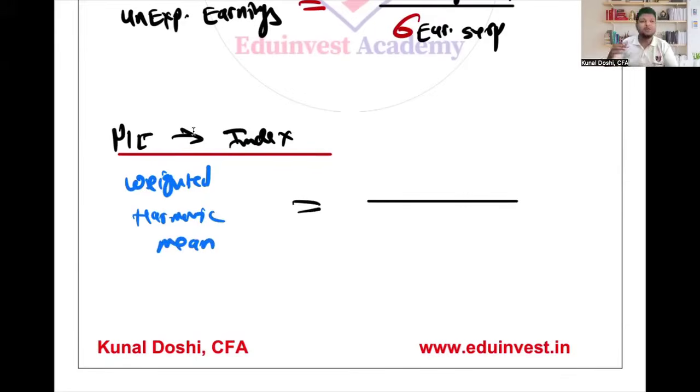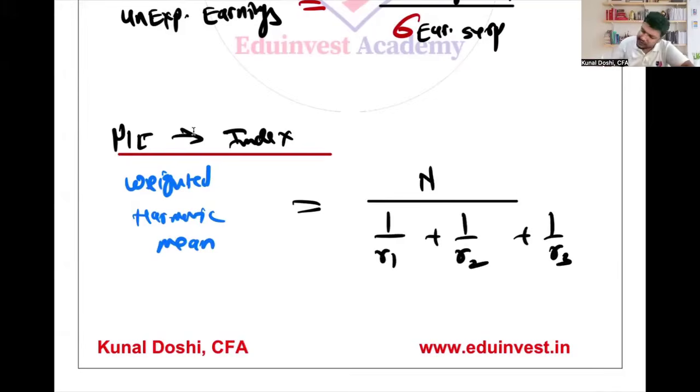Normally for the harmonic mean, what do we do? We did it in Level 1: we take the number of investments divided by the sum of the inverses, 1 over R1 plus 1 over R2 plus 1 over R3. Sometimes we use R, sometimes we use price.